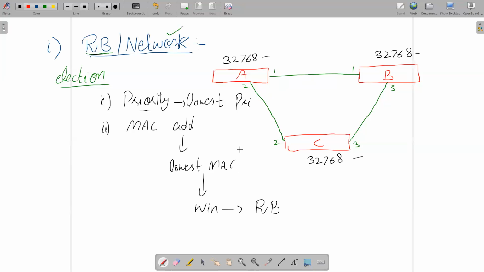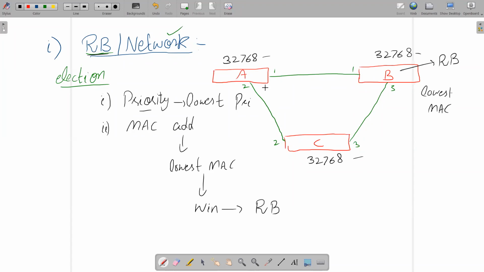In our topology, which we have drawn, switch B has the lowest MAC address. That's why this switch has been elected as the root bridge.